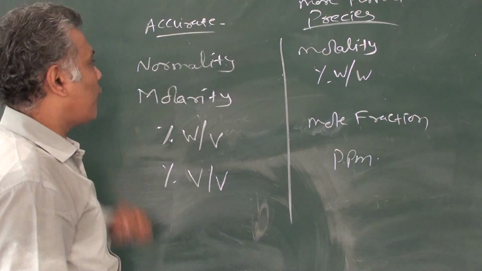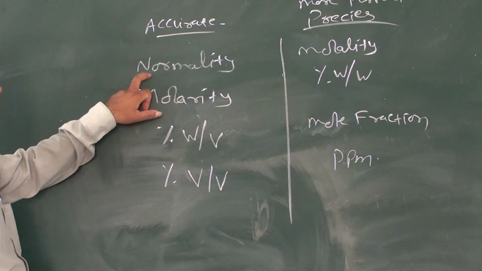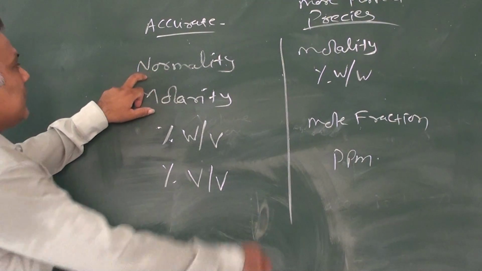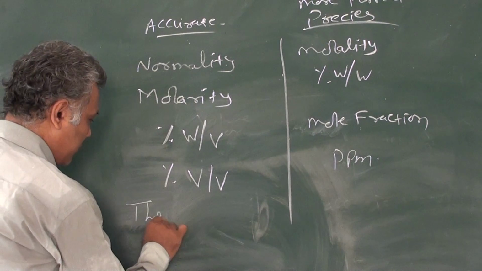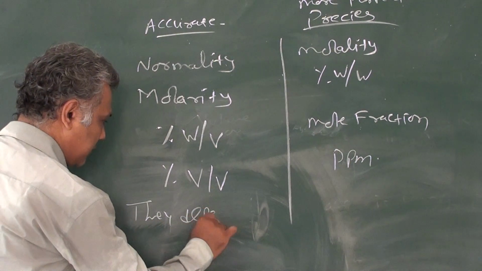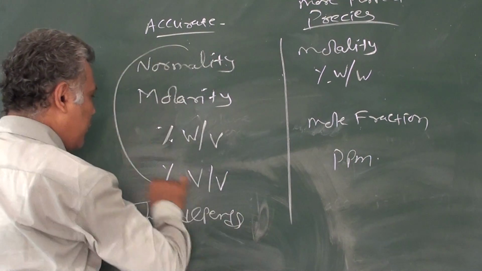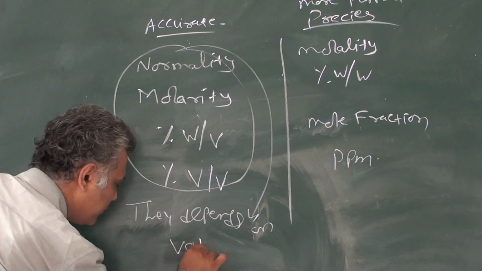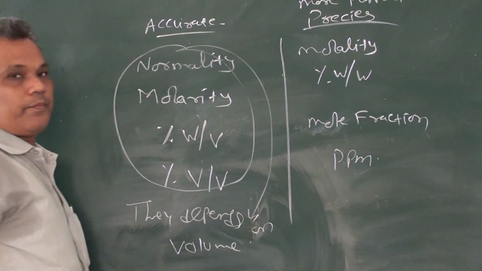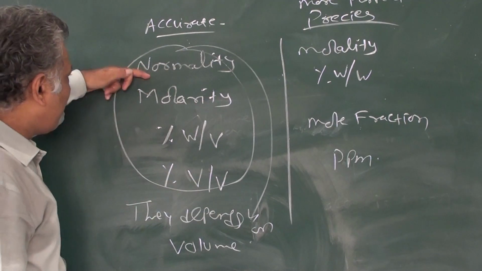If you see the formula of normality, it depends on volume. All these units depend on volume. You can see it in the formula.